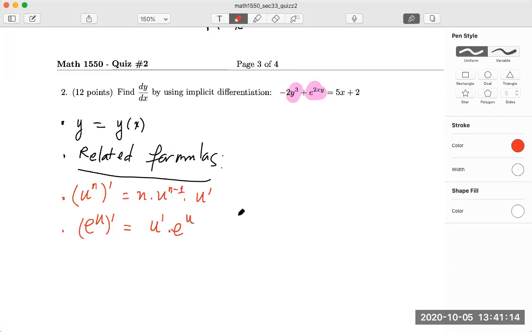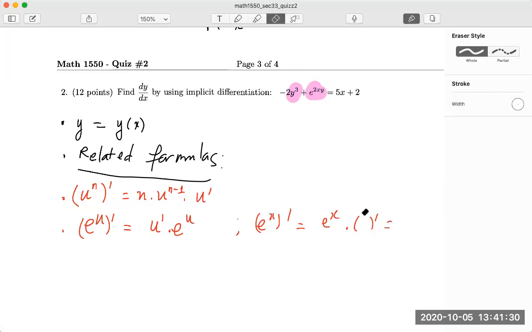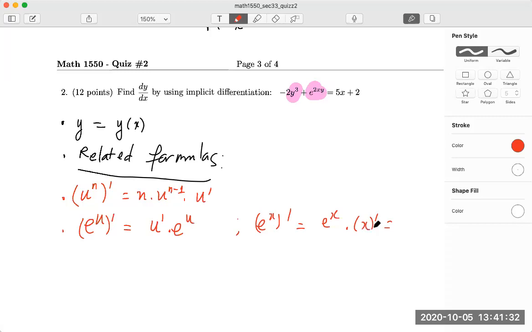And in the very special case, e to the x, the derivative will be e to the x. You see that u prime in this case is x prime, which gives us 1, so it will be e to the x. Nothing new, just be careful.